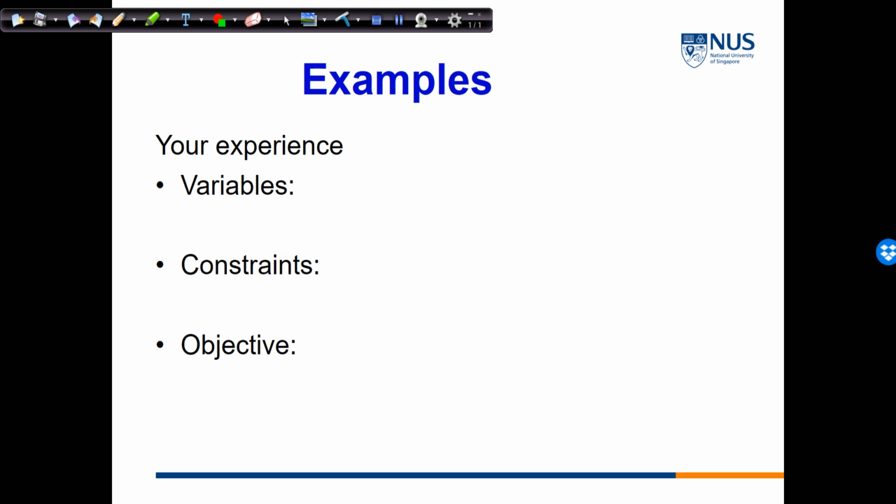Now you can click pause and start to think about what you will do for your individual project. At this stage, you don't have to know exactly how to solve it, but any problem that you have seen in your research, in your other classes, or in your daily life, in your family investment, you can write it down. Try to solve that using optimization later.